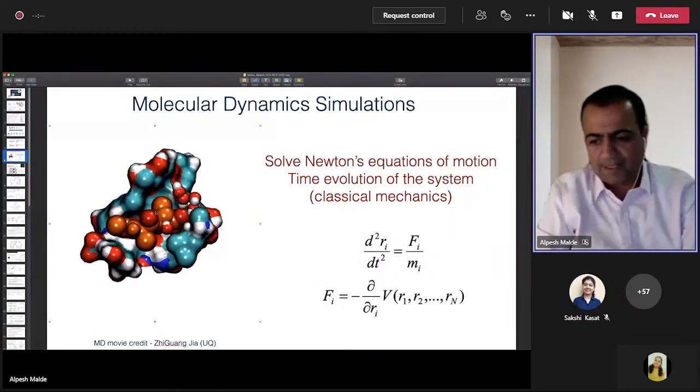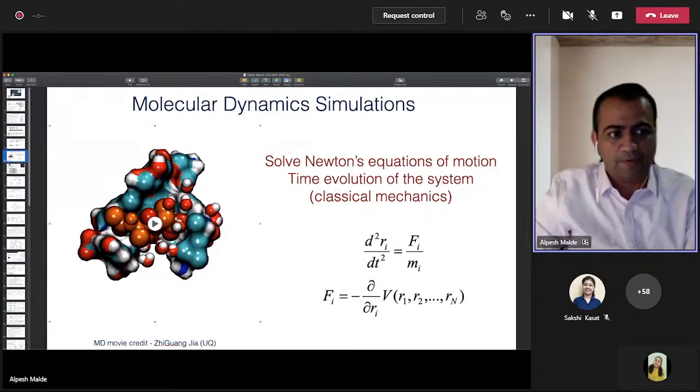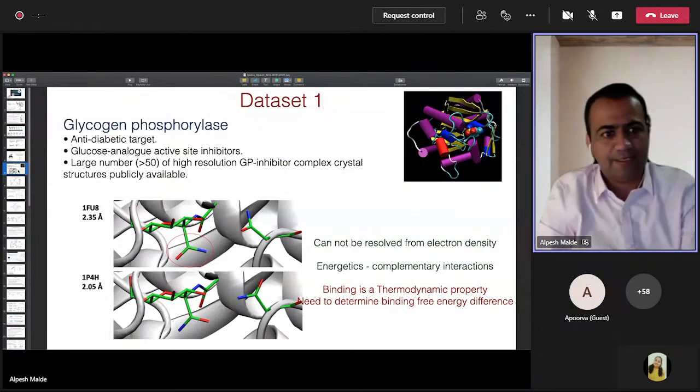So when I started this work on looking at how the structures of drug molecules bind to the protein, we wanted to develop some methods for free energy calculations. Now, to develop any computational method, what we need is a large data set where we know the answer. So what we did was look at this data set of glycogen phosphorylase.